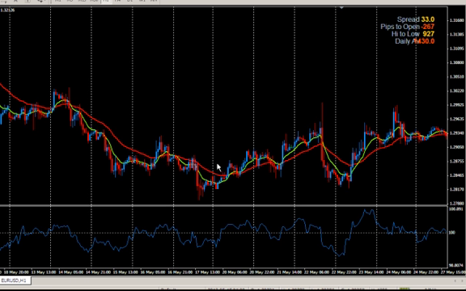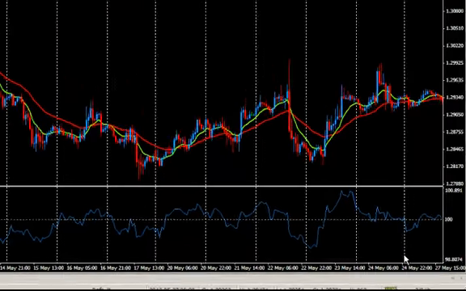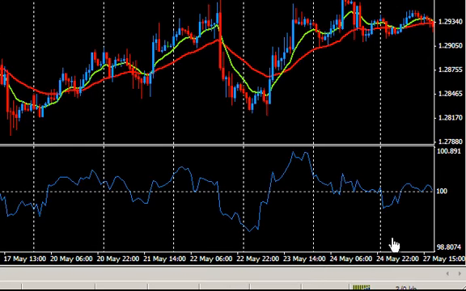And the third one is the momentum, and maybe you don't know what is momentum, but we will see how it is used in this strategy. It is also a nice indicator that will help us to confirm the entry in our trades.